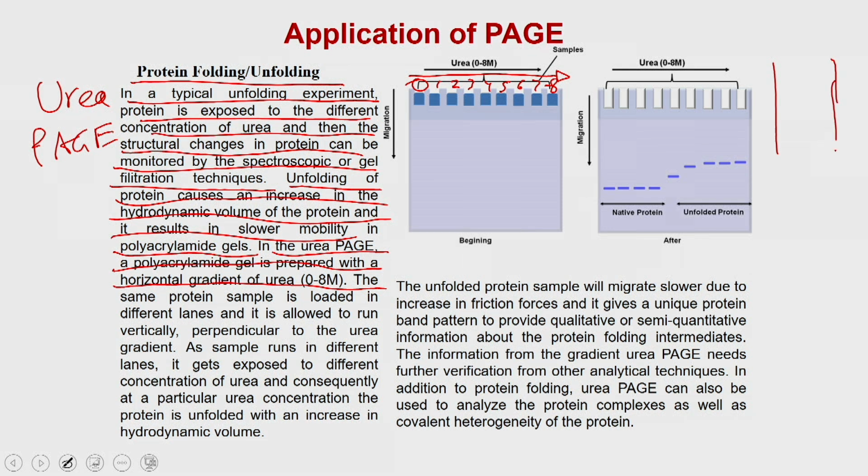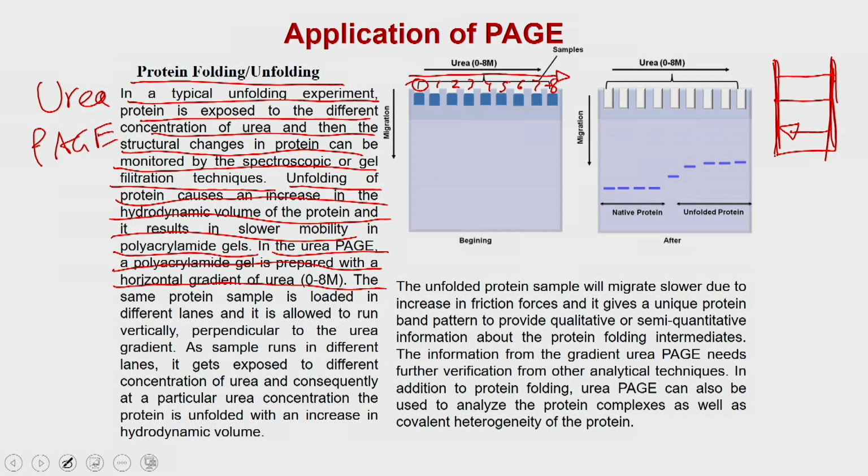We fill the resolving gel, then we fill the stacking gel, so it is always in the vertical orientation. But for urea PAGE you have to have a gradient from this direction to this direction, which means I have to cast the gel in a different orientation.